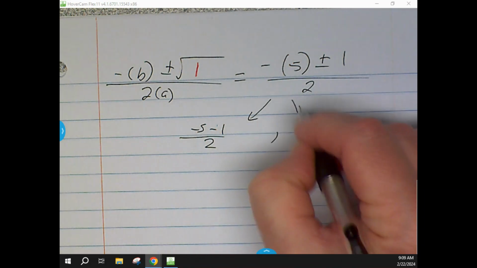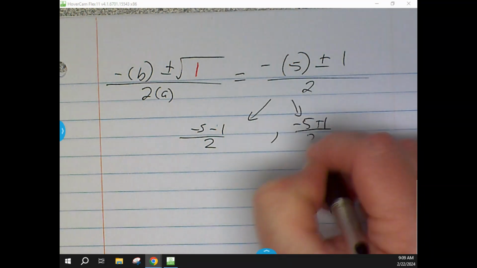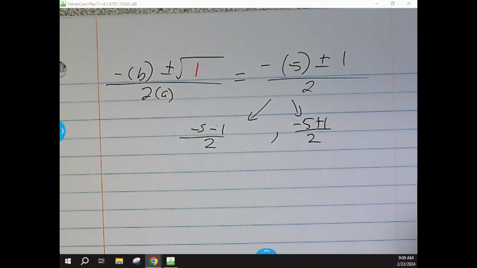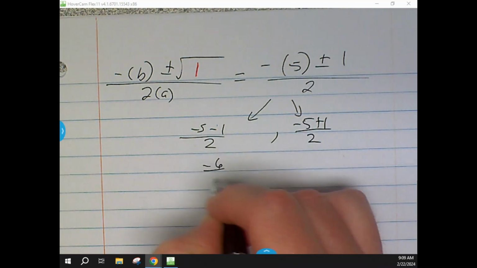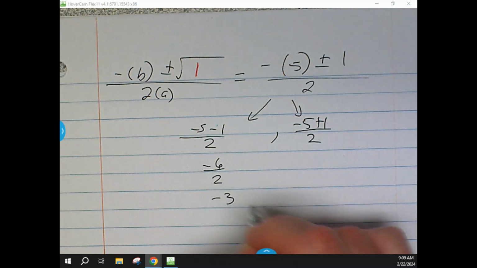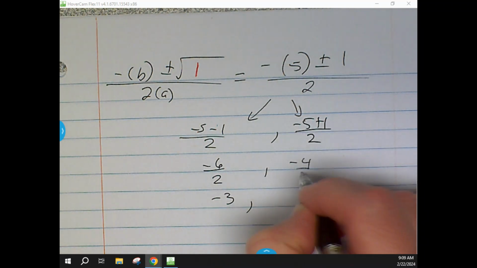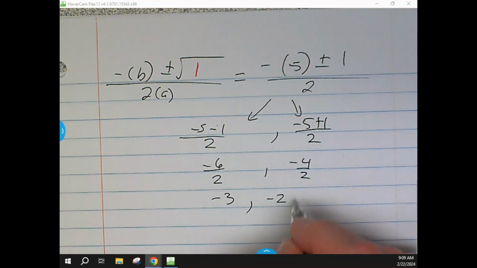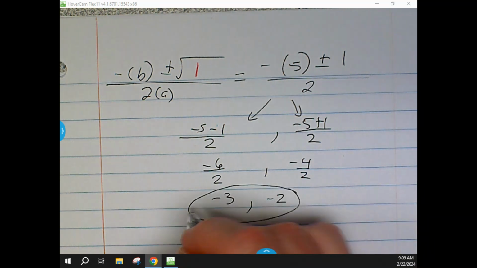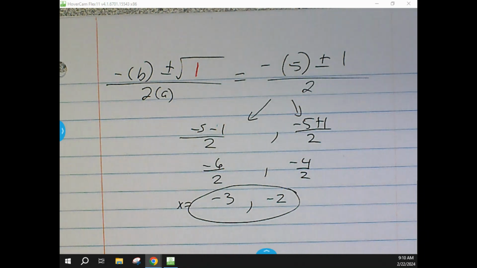The other time you're going to do negative 5 plus 1 divided by 2. So that's negative 6 over 2, which is negative 3. This is negative 4 over 2, which is negative 2. And there are your 2 solutions that you're looking for.